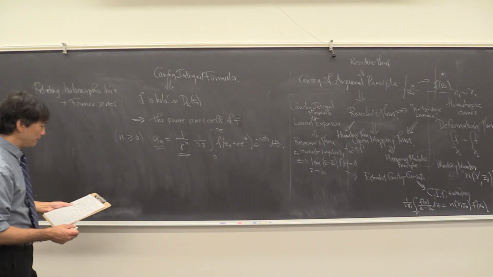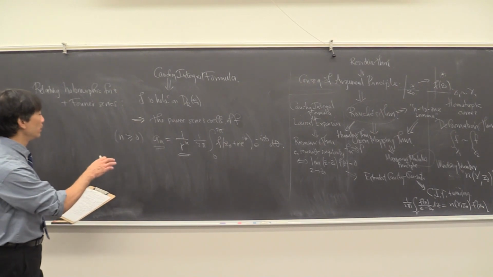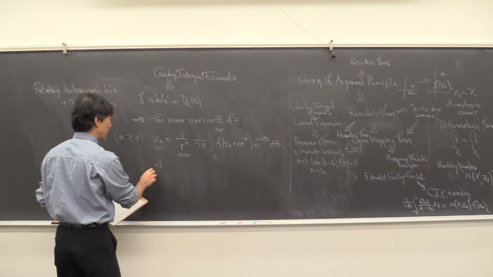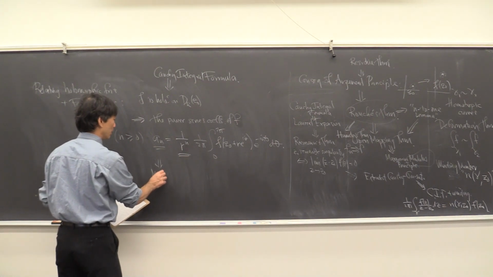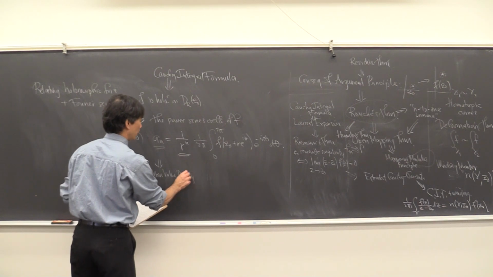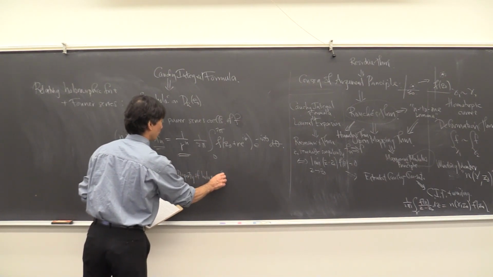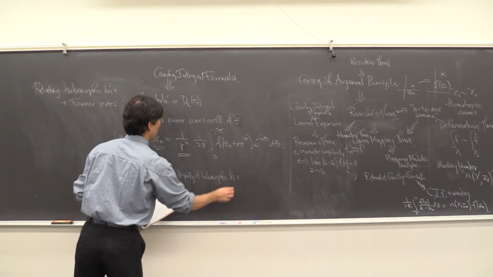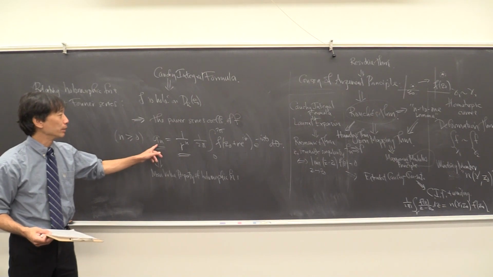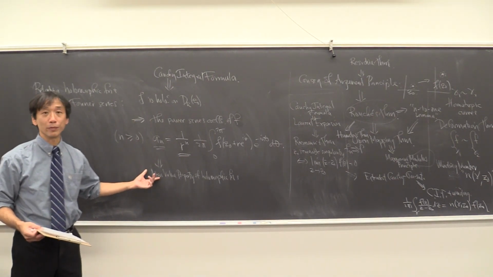Okay, so now this theorem here actually gave us the mean value property of holomorphic functions, just the case when n equals 0. The case of n equals 0 is the mean value property of holomorphic functions.